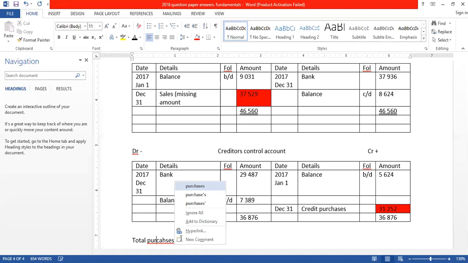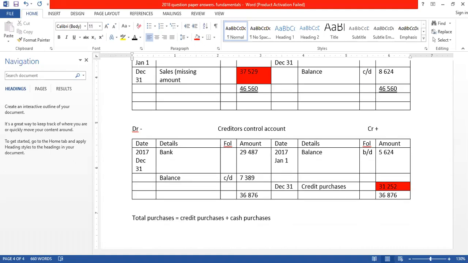So your total purchases equals credit purchases plus cash purchases. And therefore, your credit purchases is the one that you calculated.